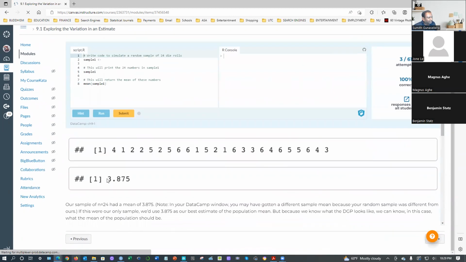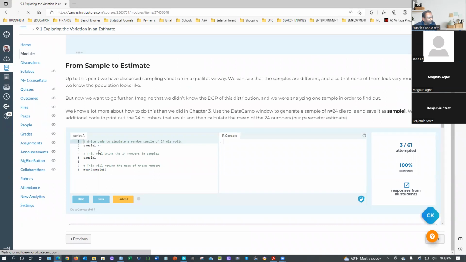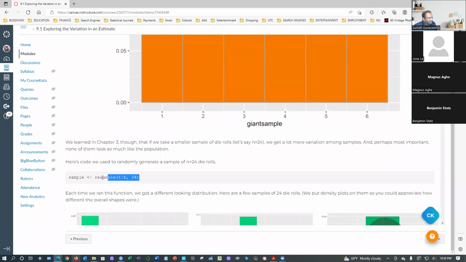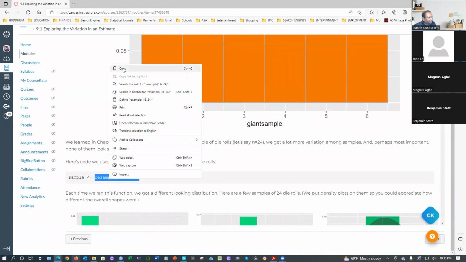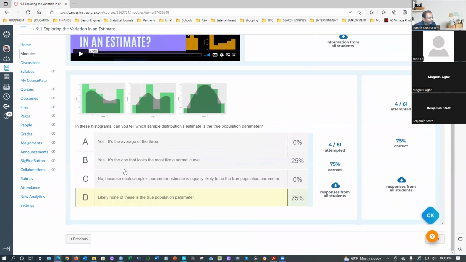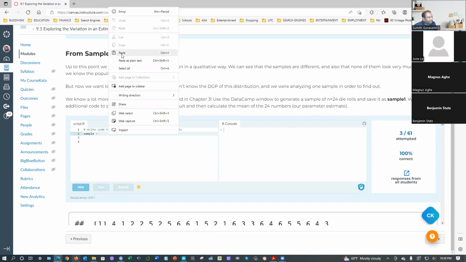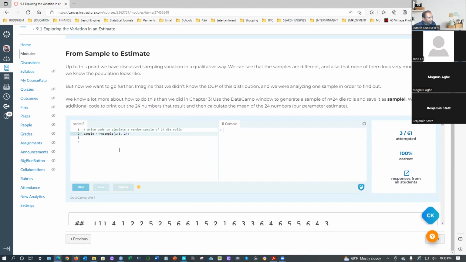That one, here. Okay, sandbox over here. This one, let's see just a sample. Resample 124.